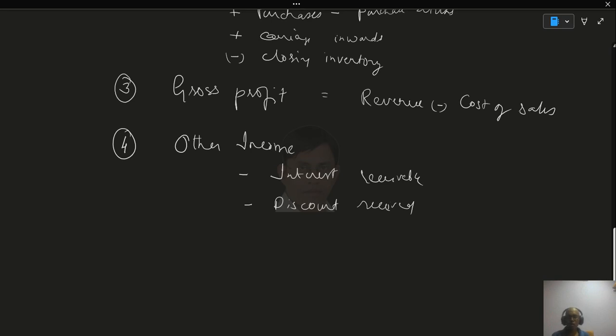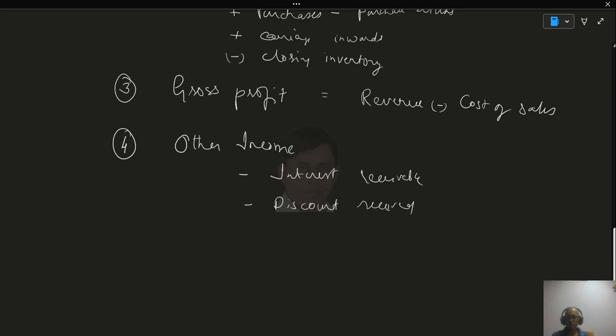These are something which you have got not in the course of business, but it is ancillary, additional subsidiary income. So that's why you have to show it separately. That is the rule. The people who are viewing your business income statement should identify what is the revenue from operations, what is the revenue from other income. So all those things they have to know. That's why we have to prepare this. So it is a rule to present it in this format.